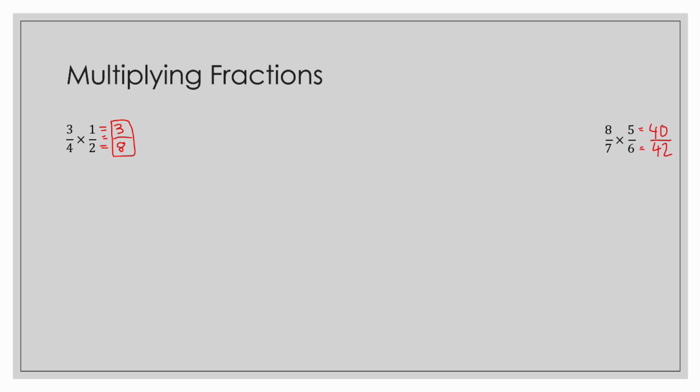Well, we can see that an immediate one is 2, but we don't know if that's the GCF. So let's just divide this by 2 for now. And we get 20 over 21.